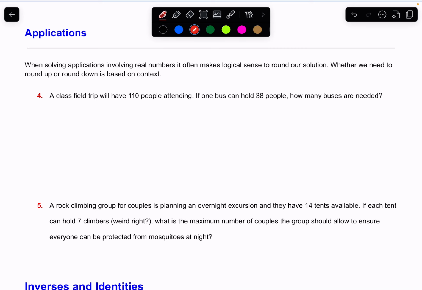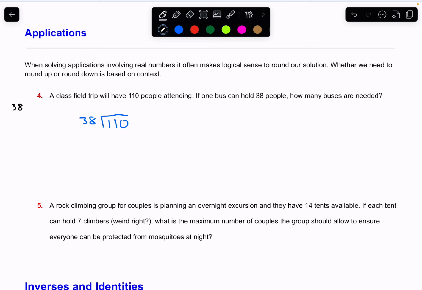So what we're going to do is divide here. We're going to do 110. Each bus holds 38. Okay, so 110 divided by 38. 38 does not go into 11. Okay, so if I write out, by the way, whenever you need to divide by numbers that are 2 digits, what I always recommend you do on the side is just write out some multiples of that.